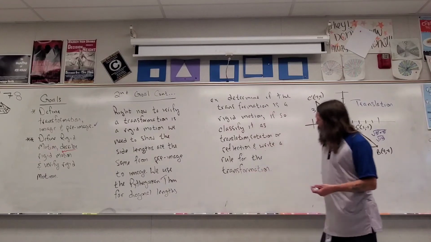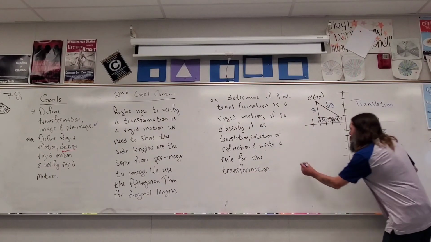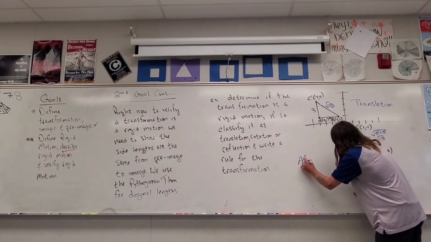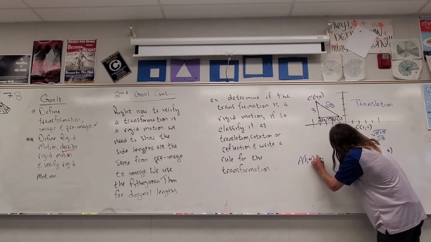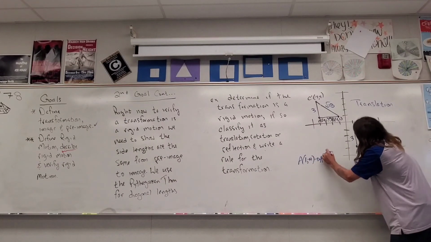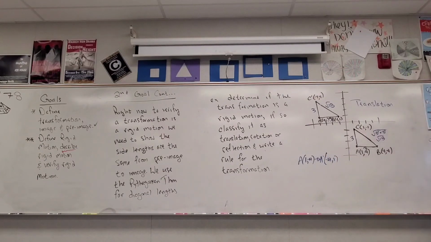So let's pick a point. I like working with A. So we know that A, which is 1, negative 4, is going to map to A prime, which is negative 4, comma 1. Since it's a translation, we use addition or subtraction.